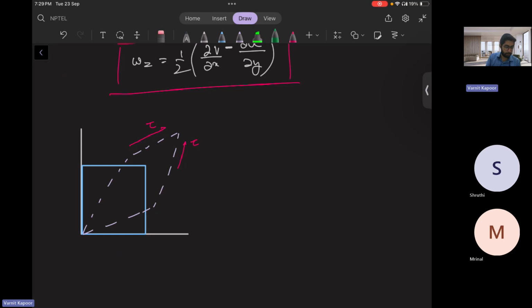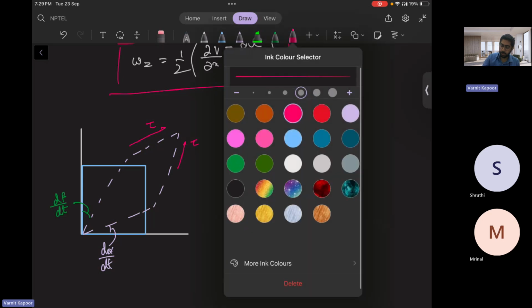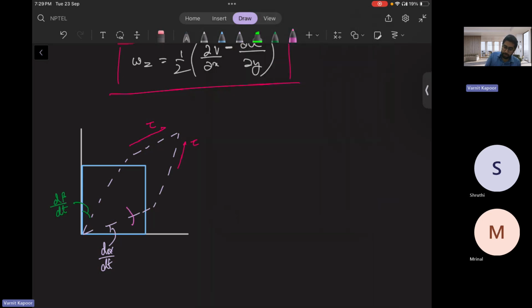There is dou beta by dou t change, continuous deformation is happening, and this is dou alpha by dt. So this is your rotation. This is your omega 1, and this rotation is your omega 2.